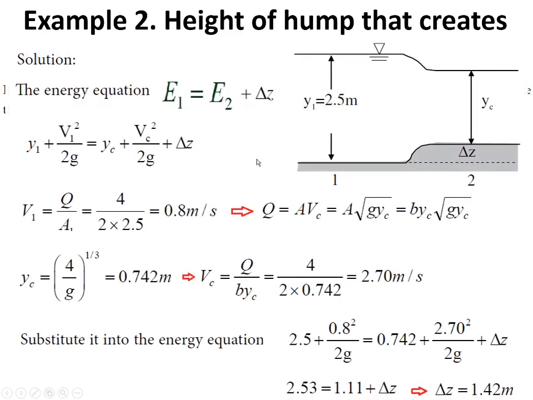Okay, the question is the same as the previous one in terms of ignoring the head loss, and therefore we can say that specific energy at section 1 equals specific energy at the second section plus delta z. So we have y1, and like the previous example, we know discharge, therefore we can calculate v1 in this way.